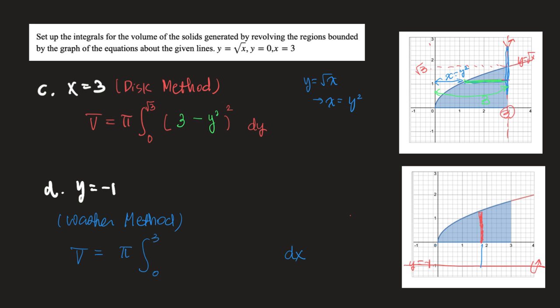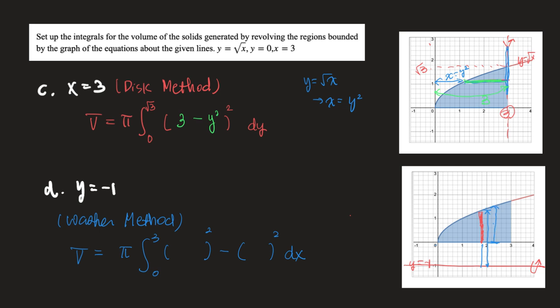Now you have to find the radii: longer radius squared minus shorter radius squared. What is the longer radius? It's right here, from here to here.